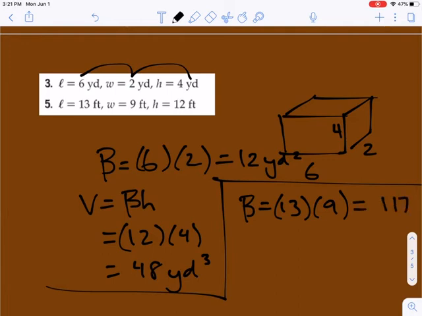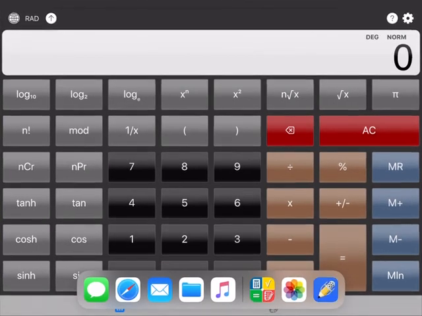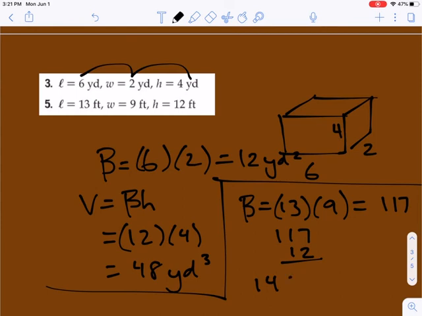And then if you take 117 and multiply that by 12, you get 1404. So 1404 cubic feet. All right, and that's how these work. So length times width times height, or the area of the base times the height.